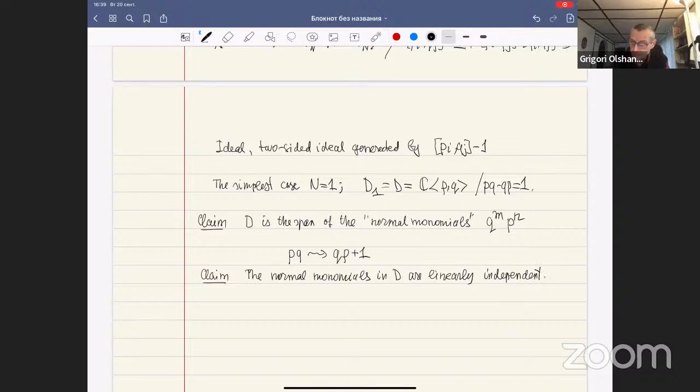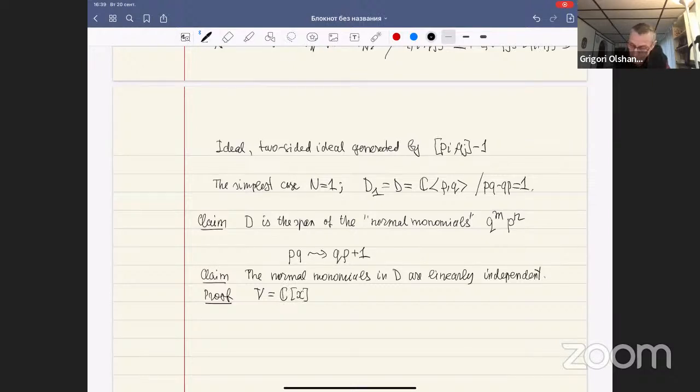This needs some proof. How to prove this? I propose the following argument. This will be our first example of a representation of our algebra on some space. So we take as V the space of polynomials in one variable.